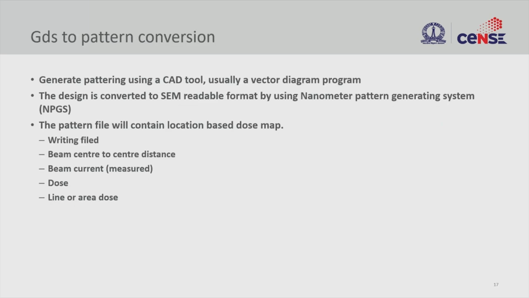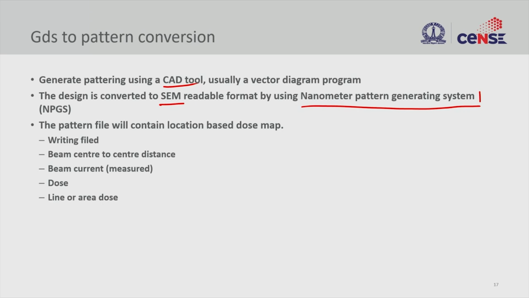The way we do it is by generating patterns from the pattern generator, which we already saw. So CAD tools can be used to generate these patterns, but this nanometer pattern generator is something that you can buy offline, and then add it to your scanning electron microscope, and you can use your scanning electron microscope as an electron beam writer, okay?